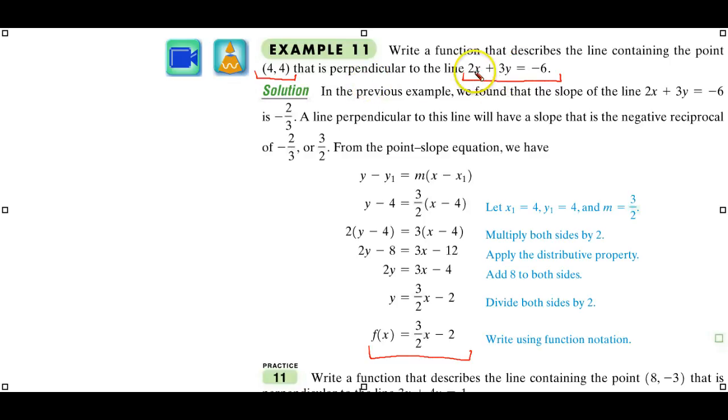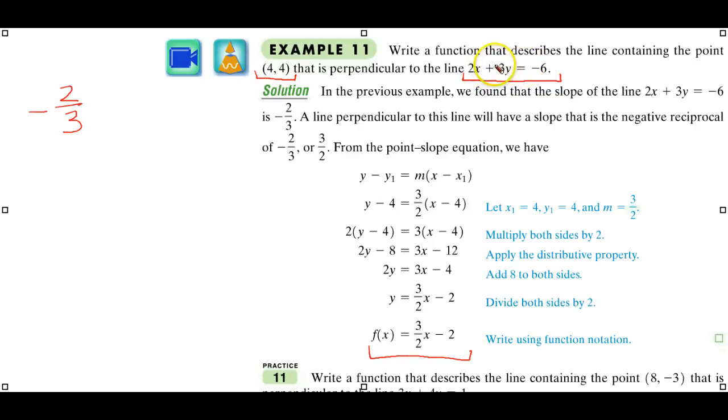So the first thing we have to do is find out what is the slope of this line. Well, you may recall that the slope of this line was a negative 2/3. Well, if this is the slope of this line, it's going to be parallel to it.